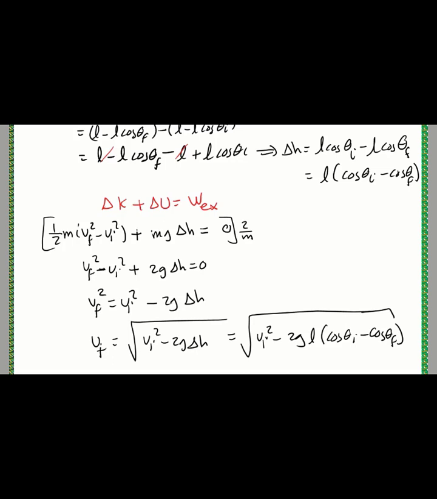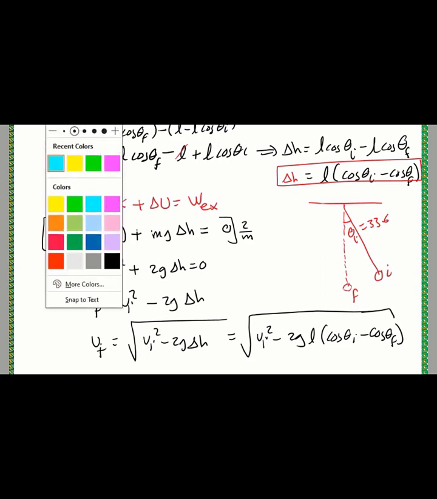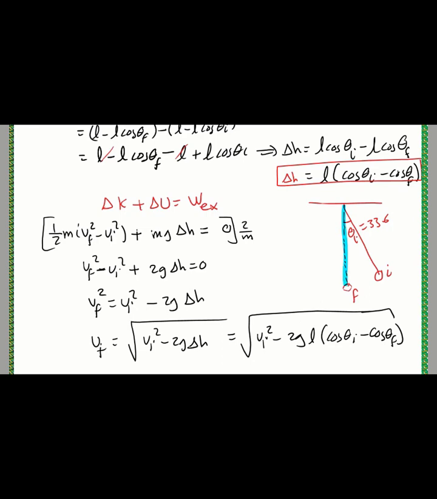So the thing I need you to remember is how you find delta h. For our question, this is the vertical position, which is at the equilibrium, and this is the initial position. This is initial and this is final. This angle is theta initial, which is 33.6. Theta final is the angle between the swing and the vertical.